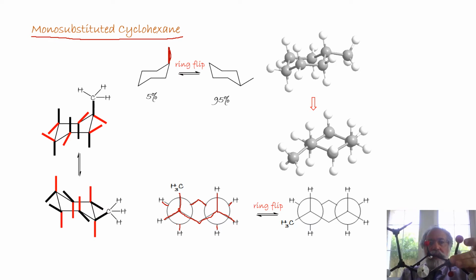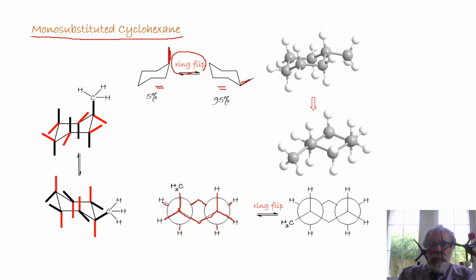As we mentioned before, the cyclohexane has what we call ring flip. So if this one will flip, it will give us that one, and axial methyl will be equatorial.